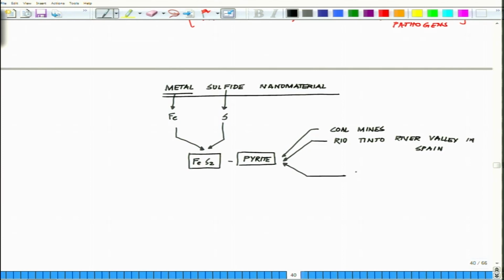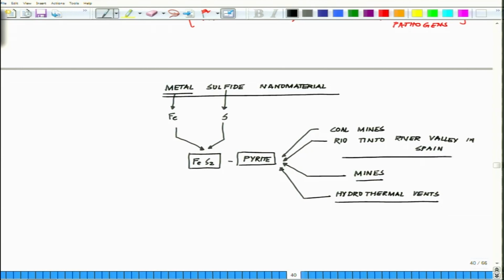Apart from that, there are a lot of pyrite mines all over. You will see huge amounts of pyrite deep inside the earth in the hydrothermal vents. As a matter of fact, pyrite is also called fool's gold.